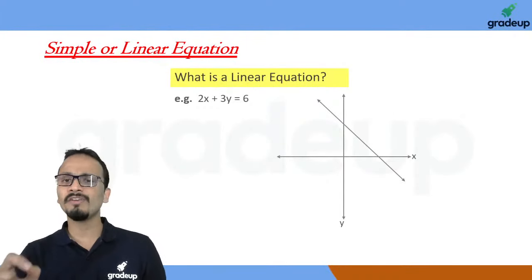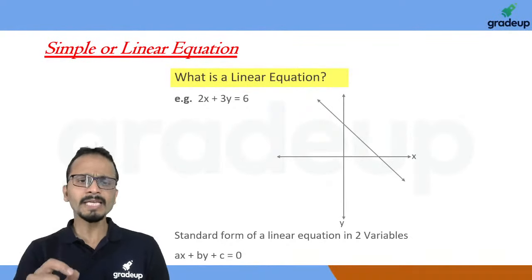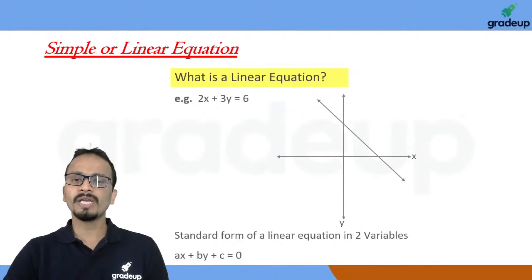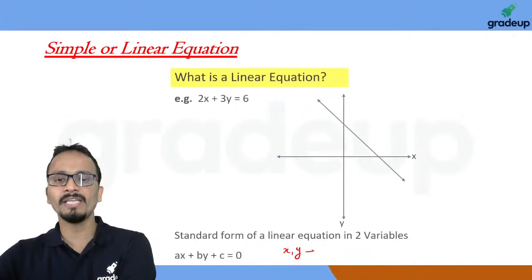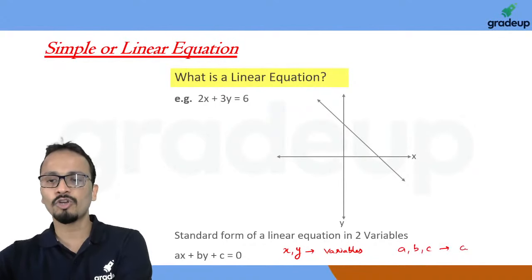Basically, if I look at the standard form of a linear equation in two variables, it can be written as ax plus by plus c equal to 0, where x and y are the variables, and a, b, and c are the constants.